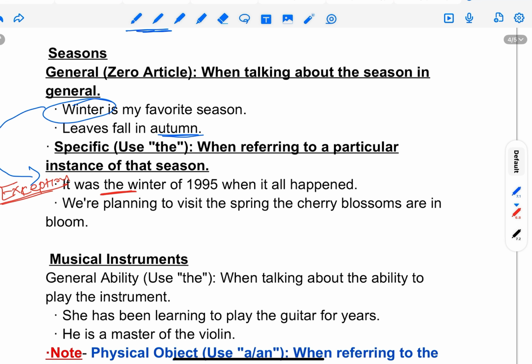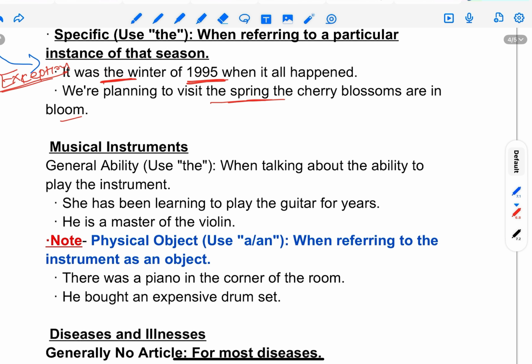This is a specific winter season referring to the year 1995. In such a situation, we can use the before the name of a season, but generally we don't. We are planning to visit in the spring. The cherry blossoms are in bloom. So this is also a specific season.